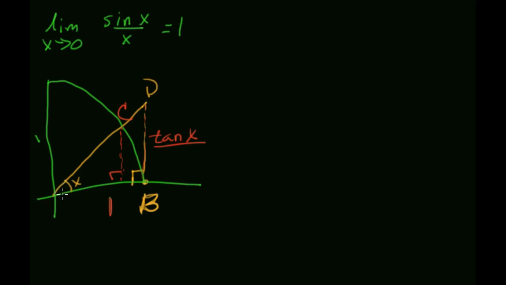For sine of x, sine of x has to be the opposite over the hypotenuse. This segment also has a length 1, which means that this segment inside has to be the sine of x. This is the drawing that I'm working from.